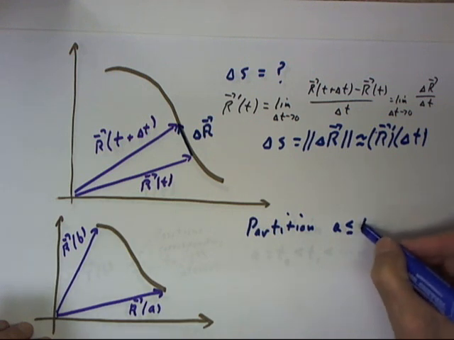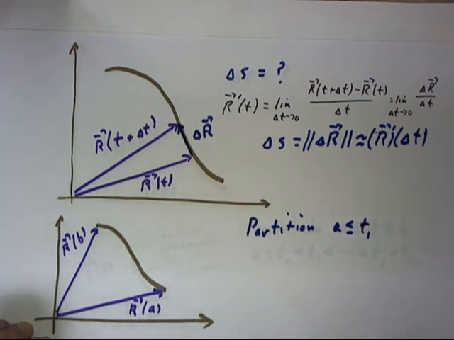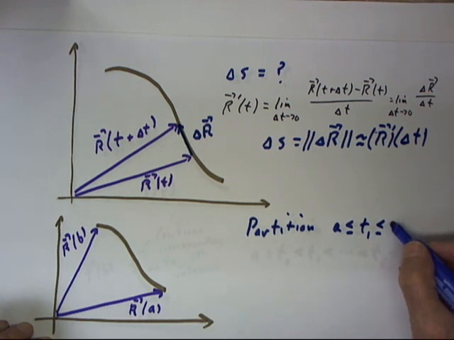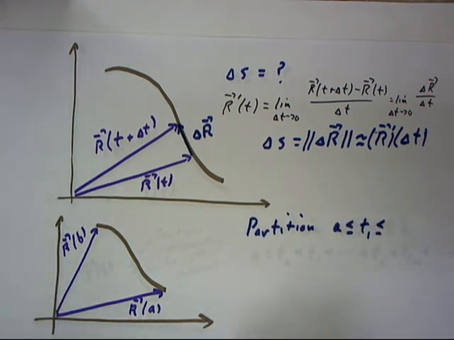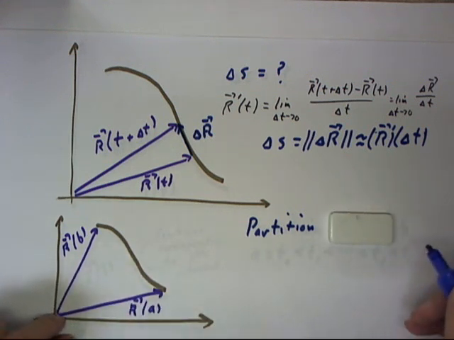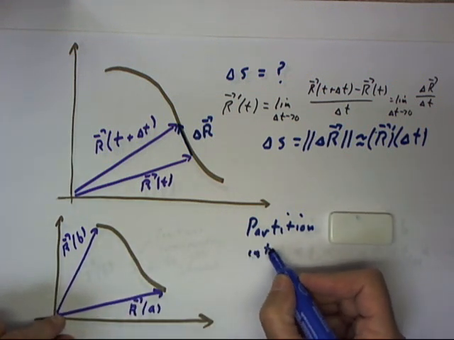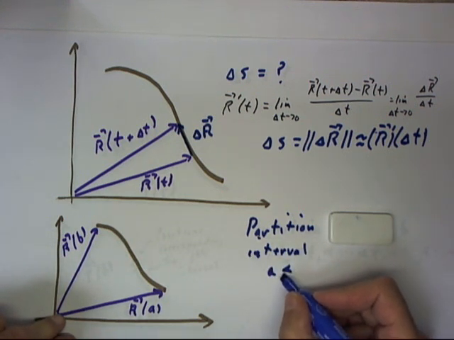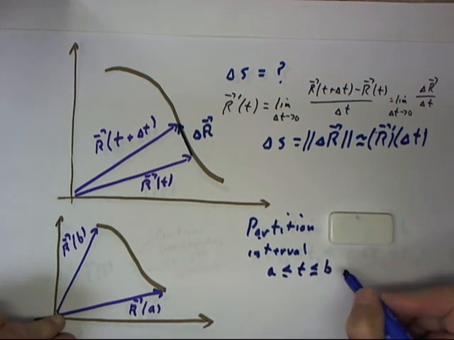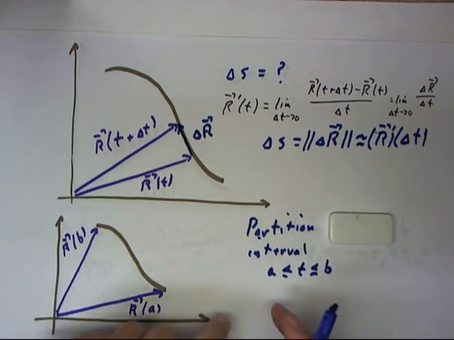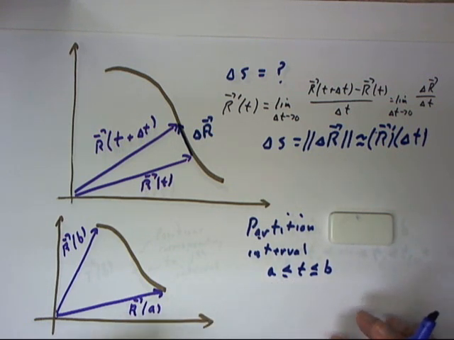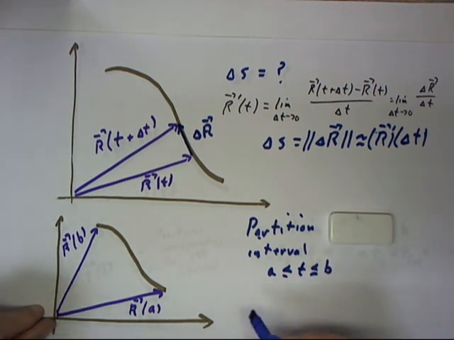We partition the interval A less than or equal to T less than or equal to B. That partition will consist of a set of T values that run from A to B by what we were going to consider small increments.